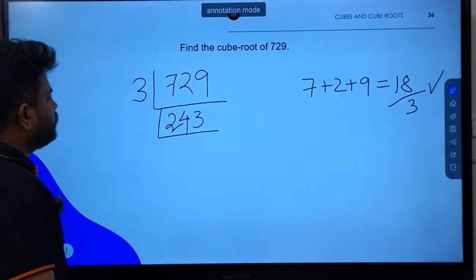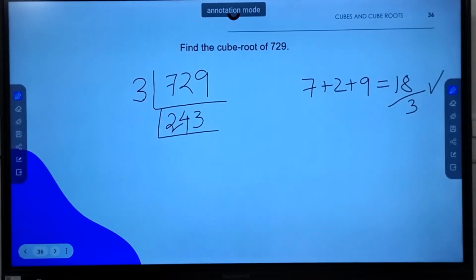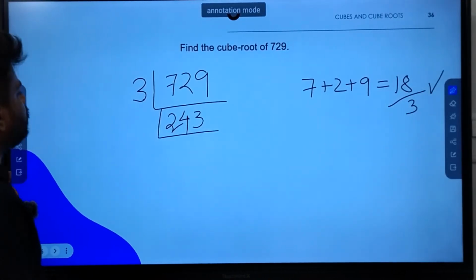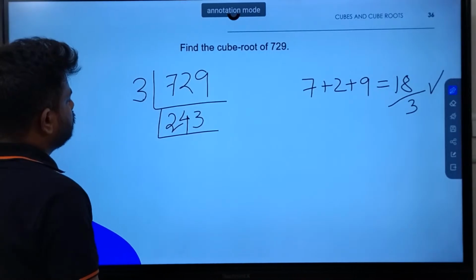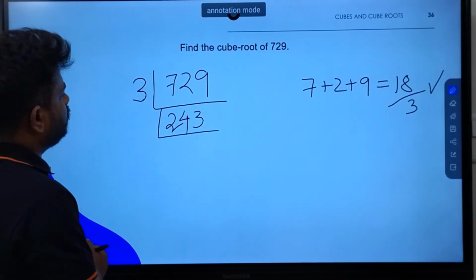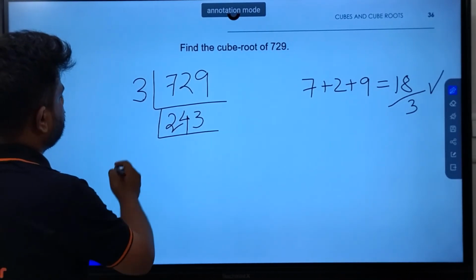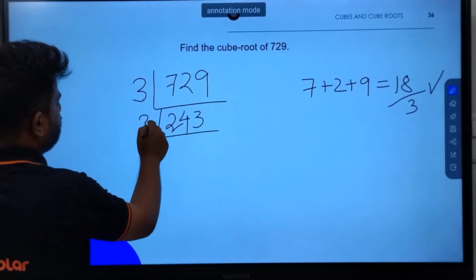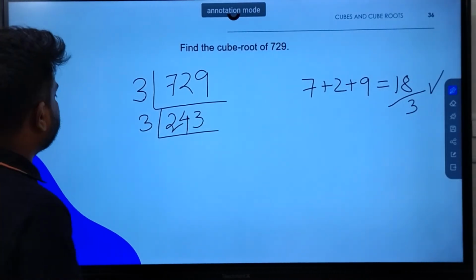Next, this one, 243. It will again be divisible by 3.